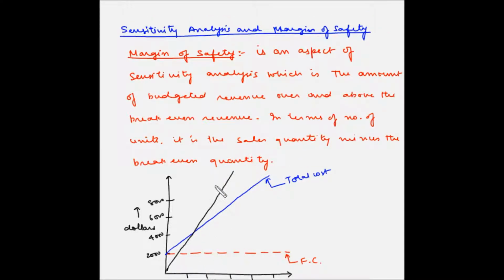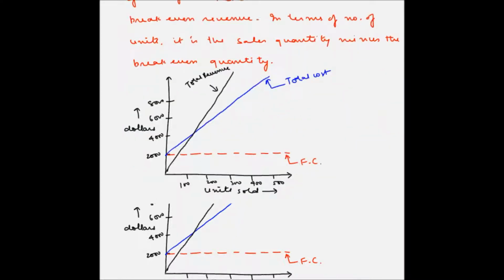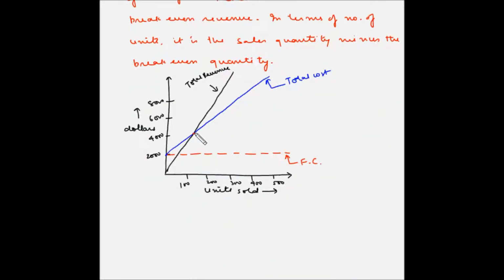Now let's draw the line for total revenue. So let's say this line here represents the total revenue. So the point where the total revenue merges with the total cost is the point of no profit and no loss, and we know that this point gives us the break-even quantity.